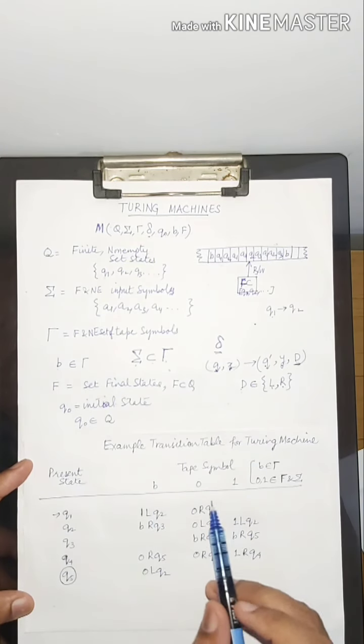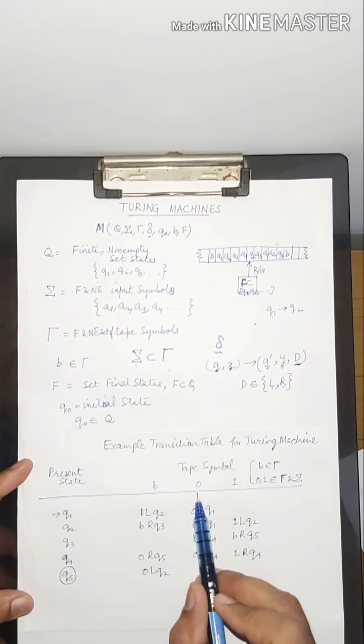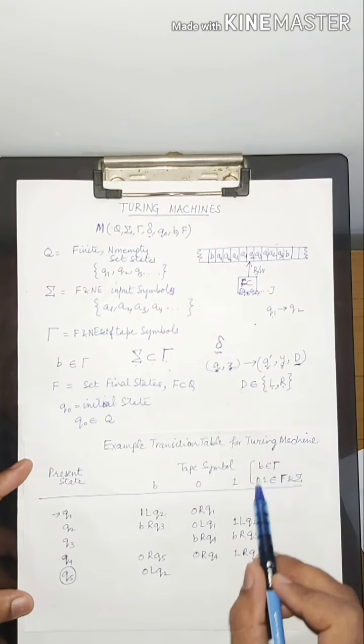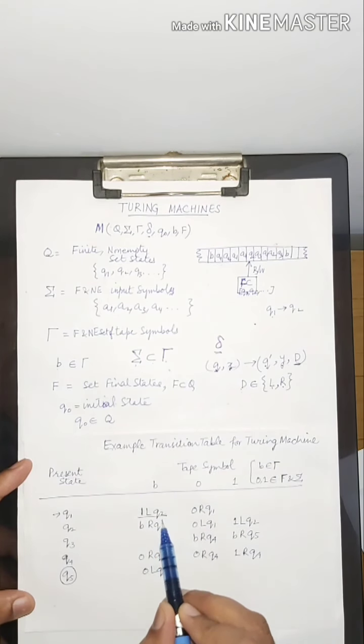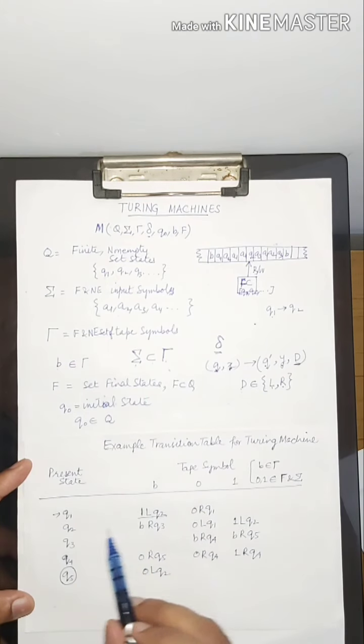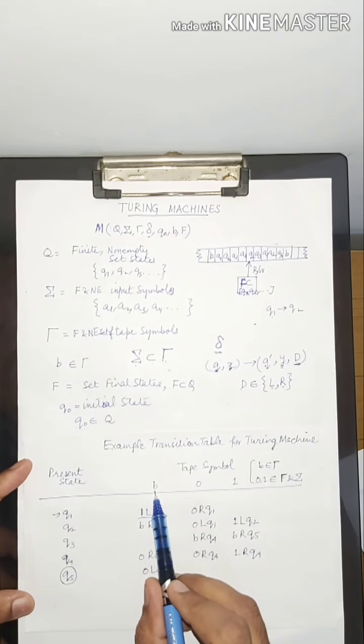So here sigma contains 0, 1 and tau contains B, 0 and 1. Right? So look at the first entry.